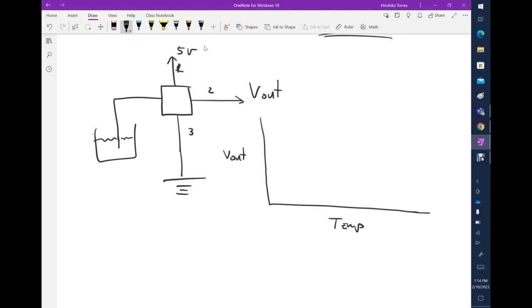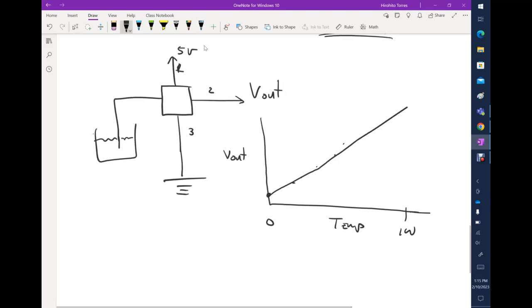It means that the voltage out, let's say this is temperature, could go either way. For example, as the temperature goes from 0 to 100, the voltage out will go from some value here in a linear fashion.